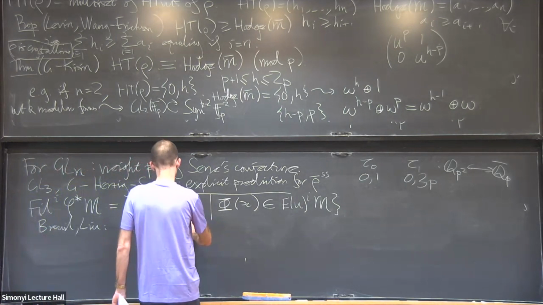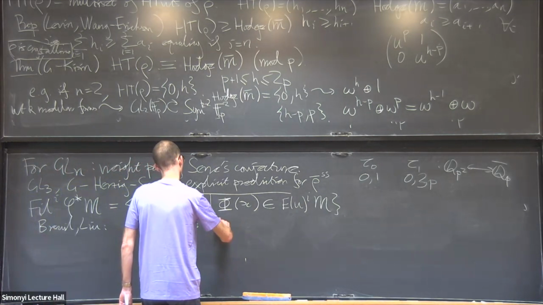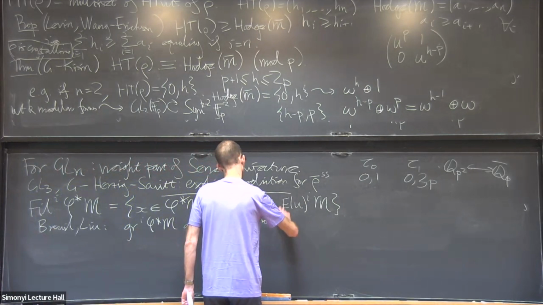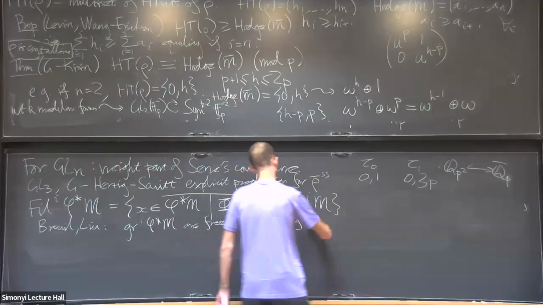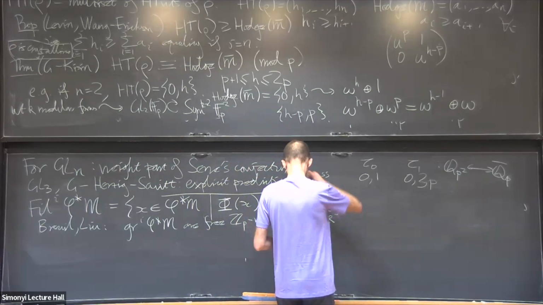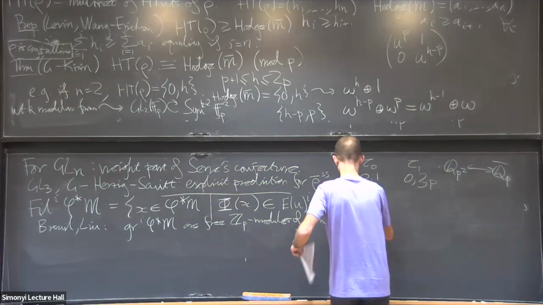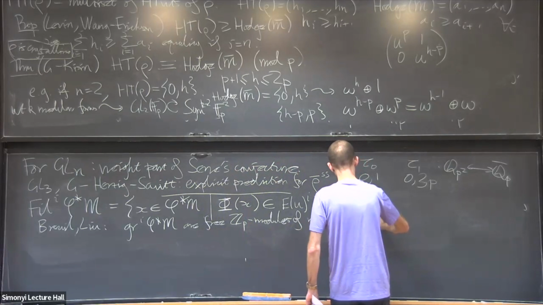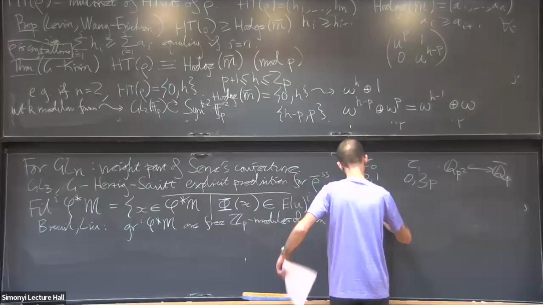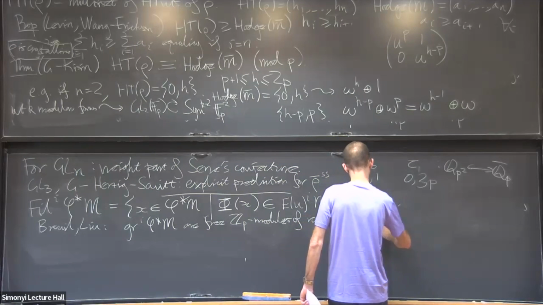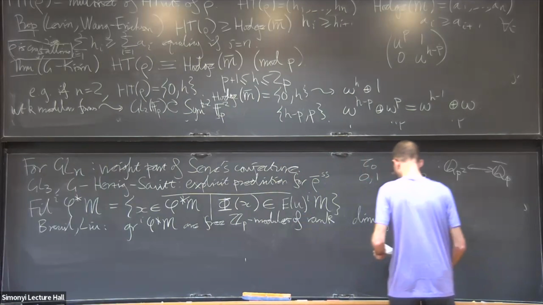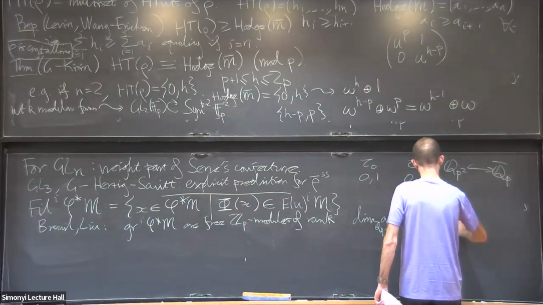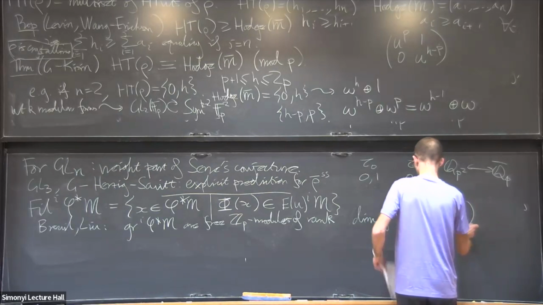are free T_p modules of rank, well, it's the rank of the graded pieces for the de Rham filtration, maybe on Q_p bar of P. I mean, it's saying more than this.